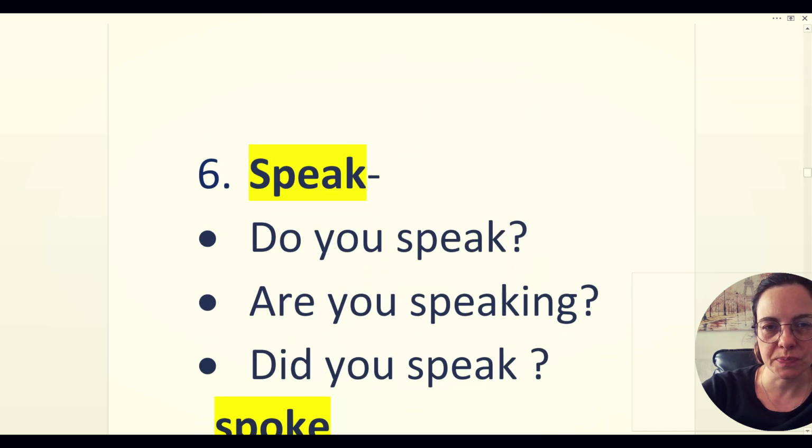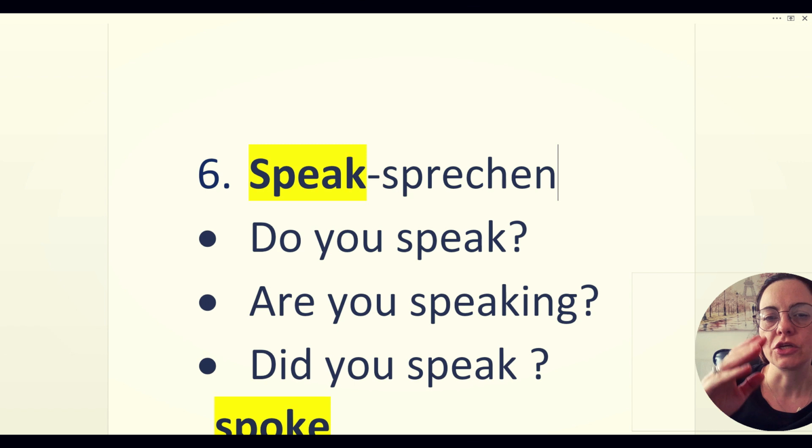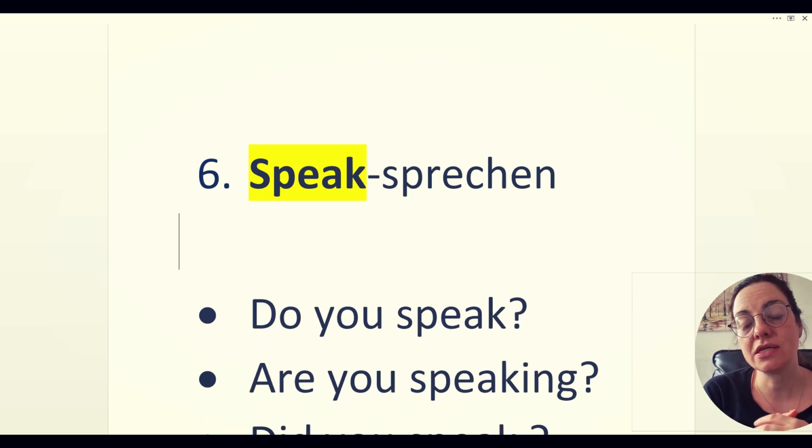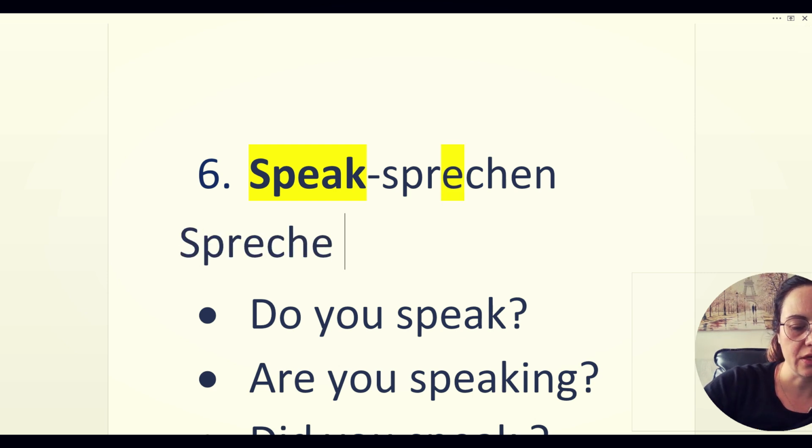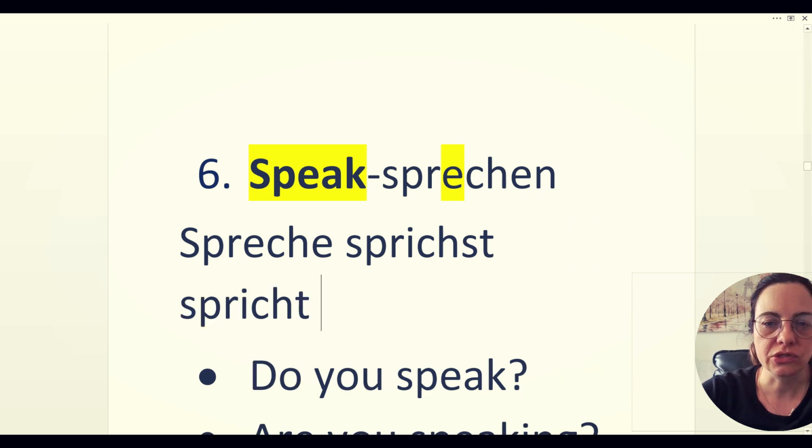The next one is "speak". Sprechen. And this one is irregular in Präsens. So ich spreche, du sprichst, sie, es spricht. The E from the infinitive form becomes I, E in the second and third person singular.